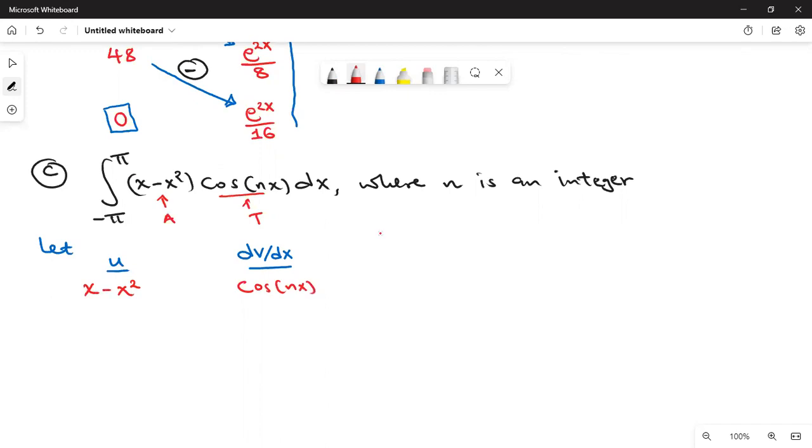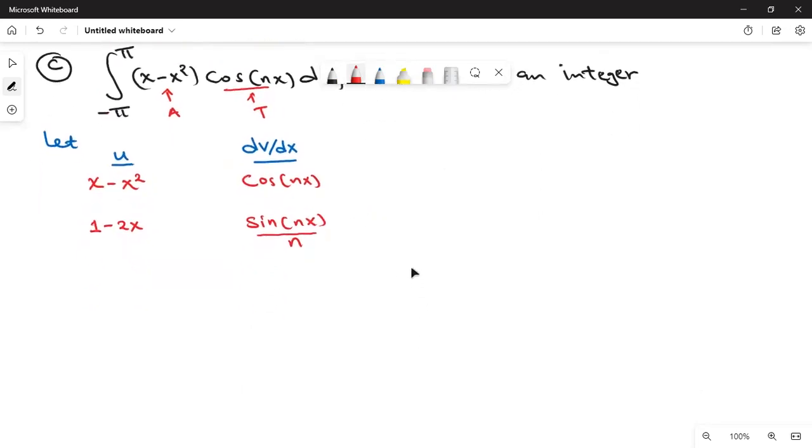So let's differentiate u. Differentiate x minus x squared, you get 1 minus 2x. Integrate cosine nx. What did you differentiate to get cosine? It was sine. So this will give us sine nx over n. Proceed to differentiate u.